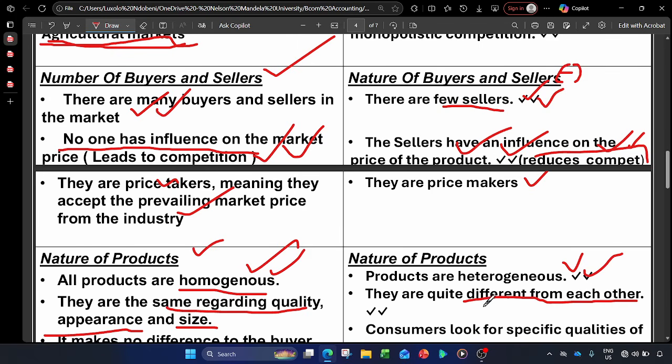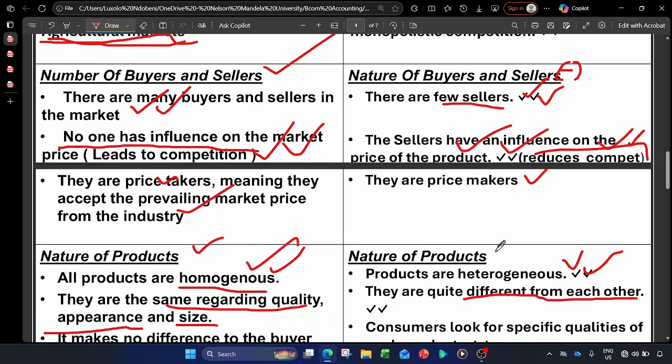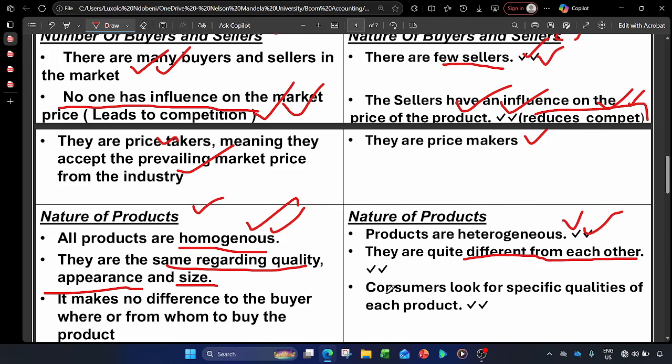So that means that consumers have options in the imperfect markets. The consumers have options to look for specific qualities of each product. But now when it comes to the perfect market, since the products are the same regarding the quality, appearance and the size, that means it makes no difference to the buyer where and from whom to buy the product, because you can just go to anyone because the product is the same.